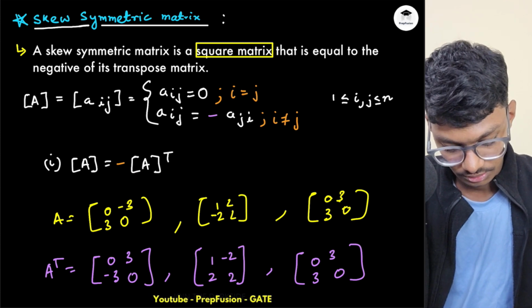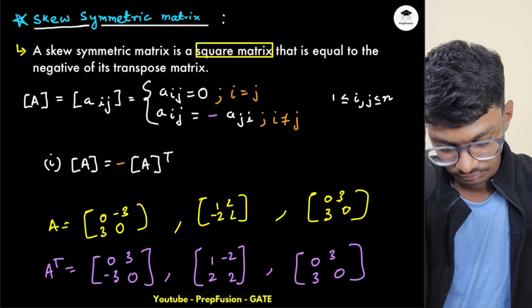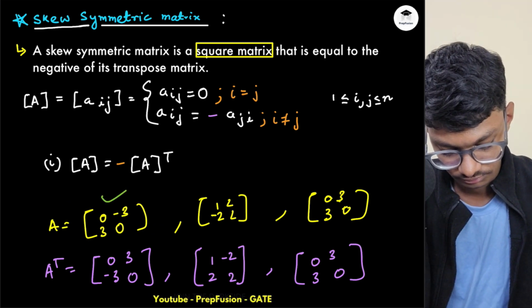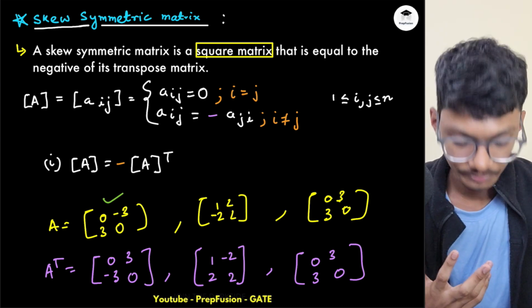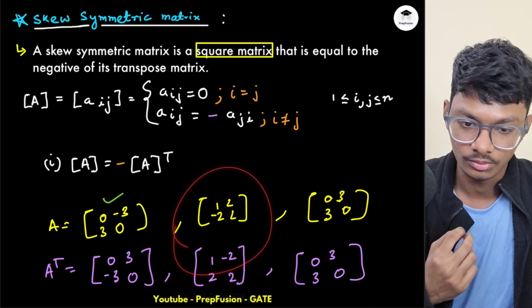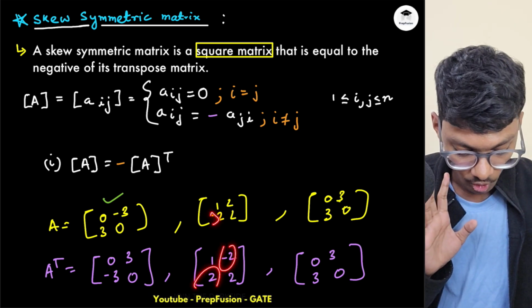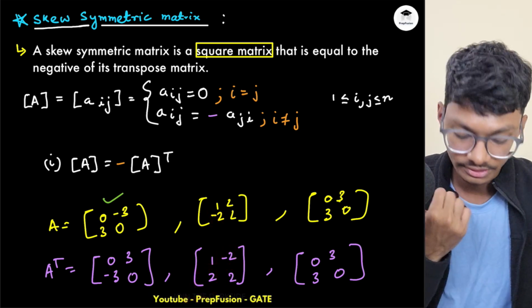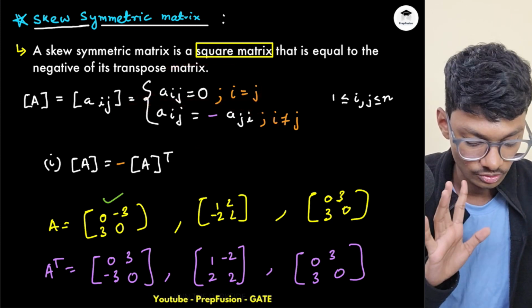So this is a skew symmetric matrix. Then what about this other one? Here what we are observing is that yes, the non-diagonal elements are following this relationship, but the diagonal elements aren't. That's why they can't be non-zero.